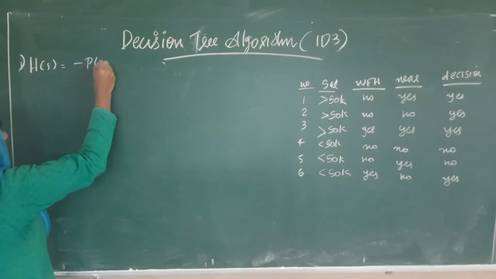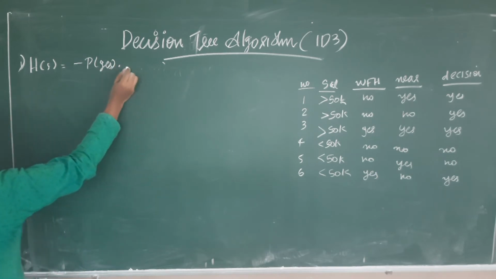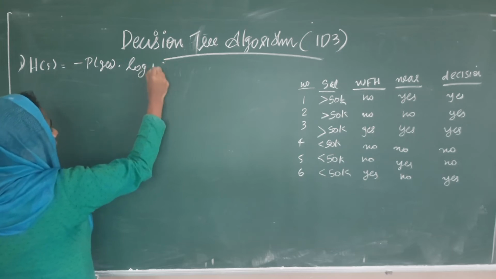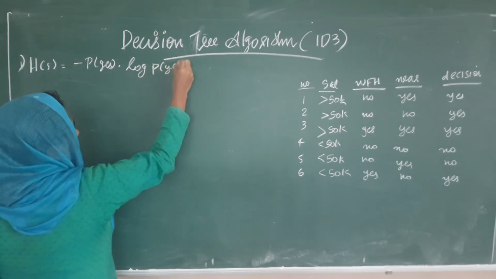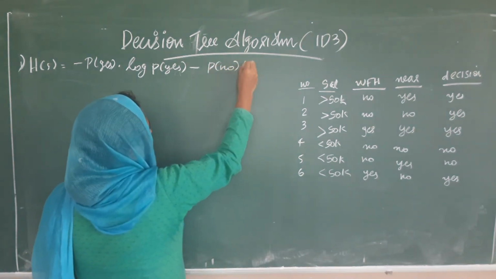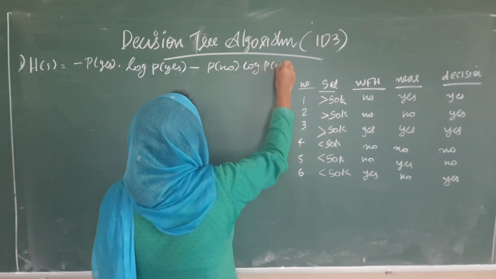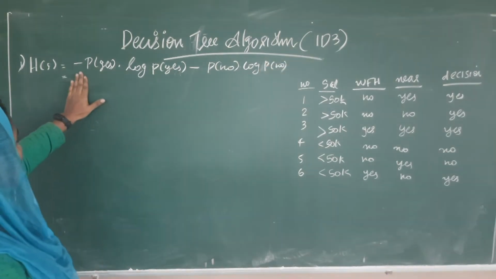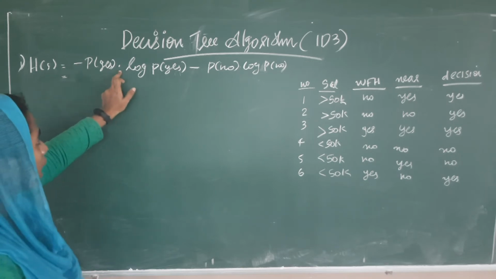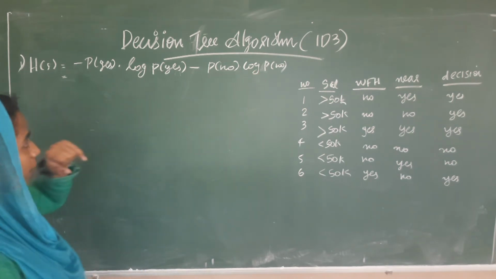Since we have 2 classes, as per the equation of entropy, it is minus probability of yes into log probability of yes, minus probability of no into log probability of no. So the entropy is the probability of the first class into log probability of that class, minus the probability of the second class into log probability of that class.